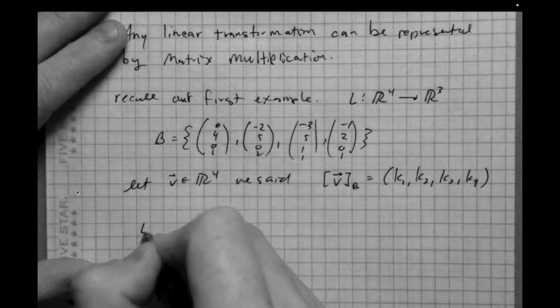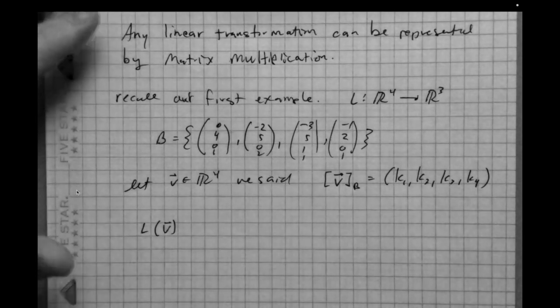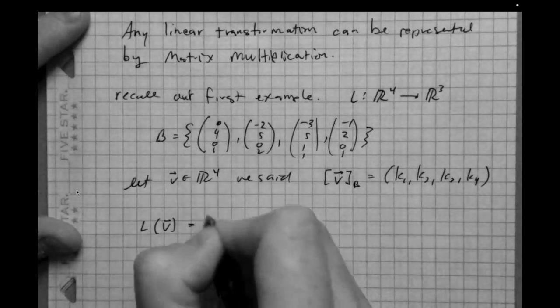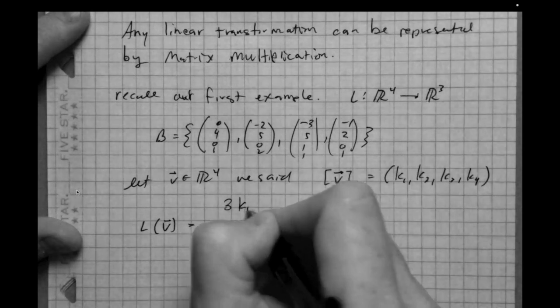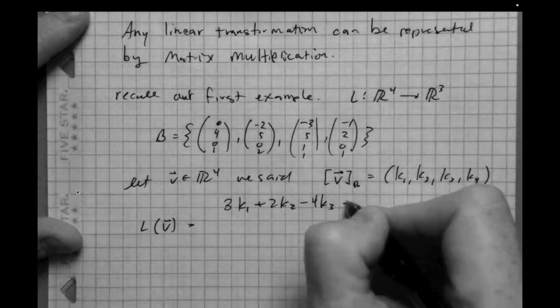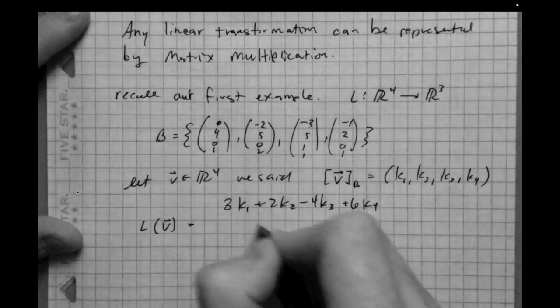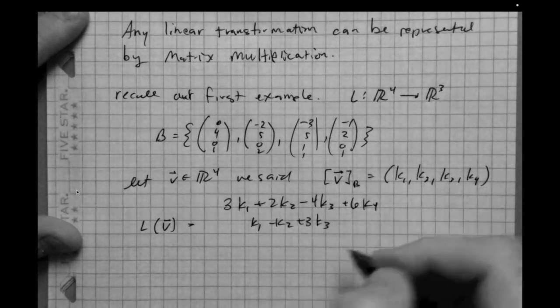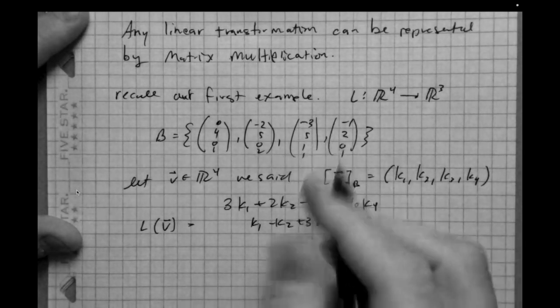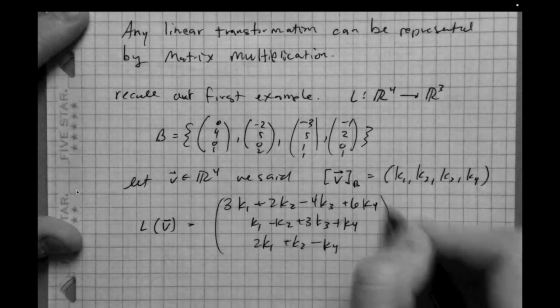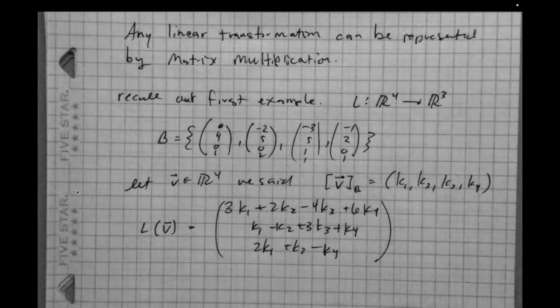And what we saw was that when we apply the linear transformation to V, it's equivalent to calculating the following: 3K1 plus 2K2 minus 4K3 plus 6K4, then K1 minus K2 plus 3K3 plus K4, and then 2K1 plus K2 minus K4. So we got this 3-vector here.